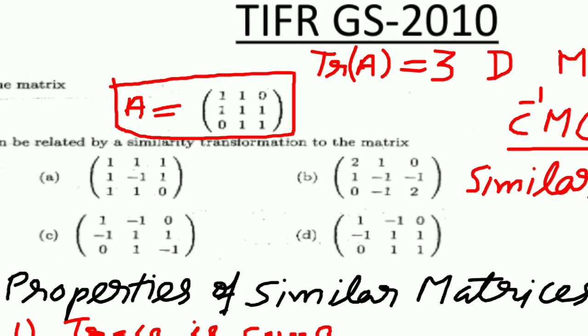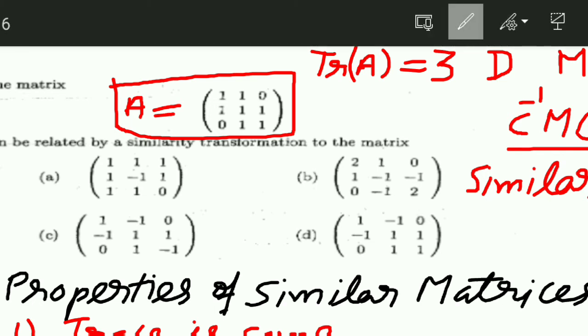Now what about the others? For this matrix, the trace is 0. For this one, the trace is 2 plus 2 minus 1, which is equal to 3.